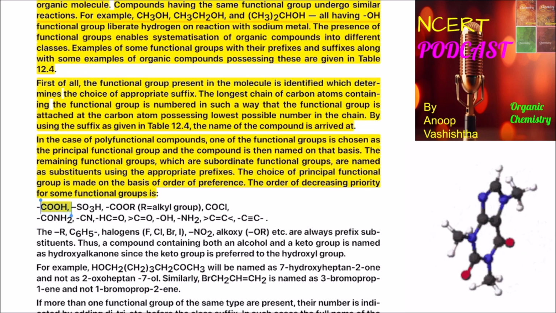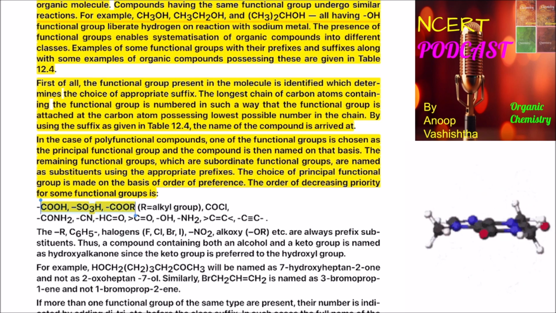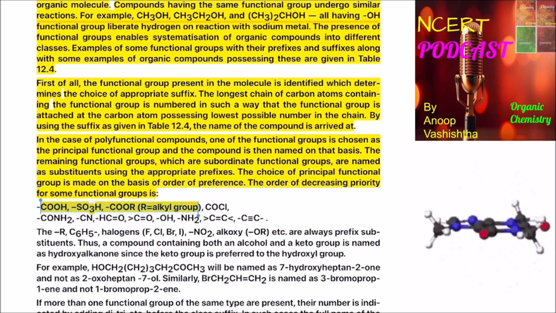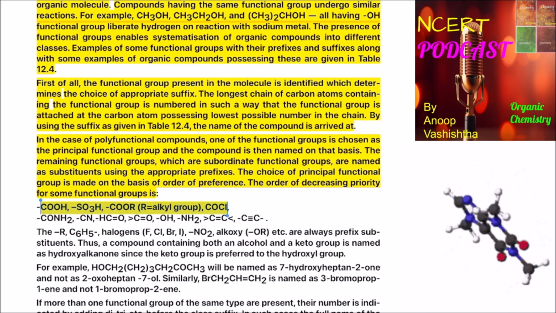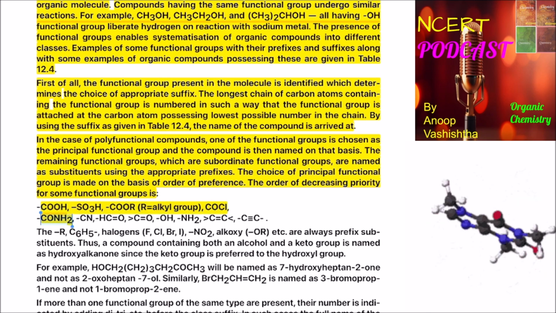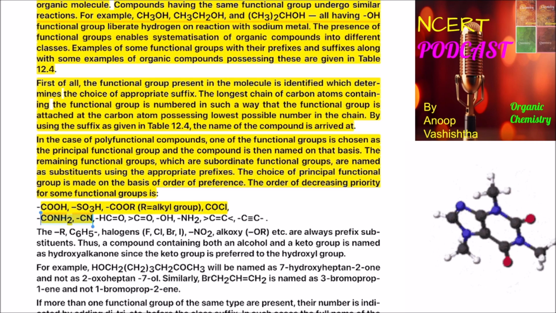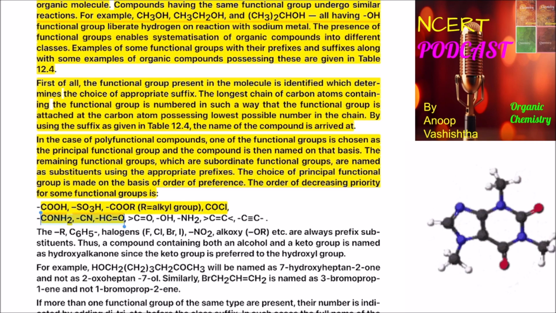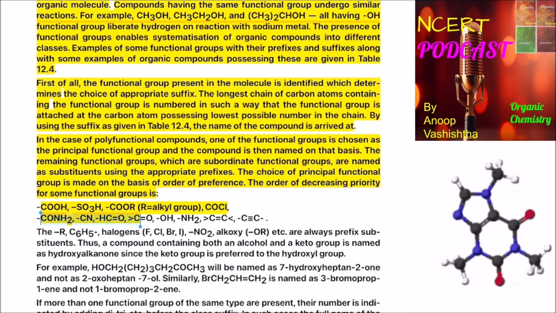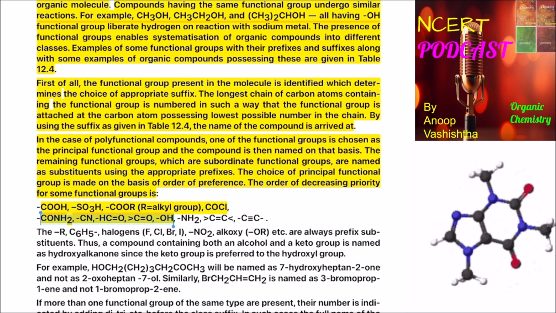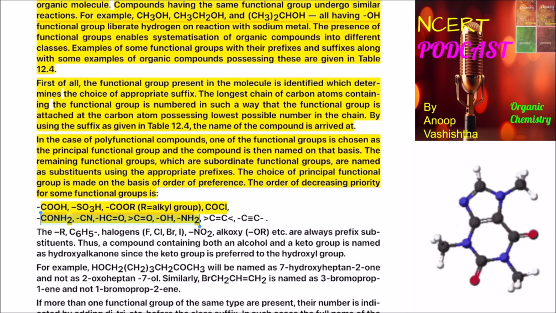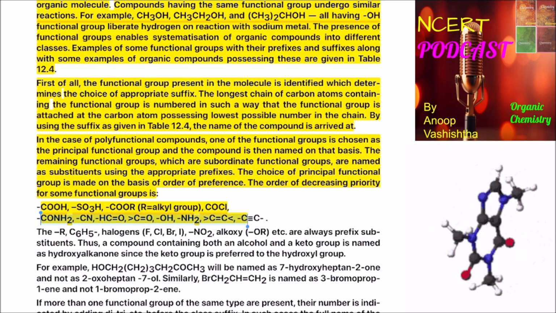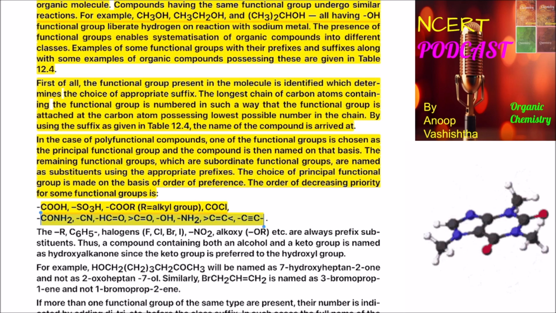COOH, carboxylic acid; SO3H, sulfonic acid; COOR, ester, R is equal to alkyl group; COCl, acid chloride; CONH2, amide; CN, cyanide or nitrile; HC=O, aldehyde; C=O, ketone; OH, alcohol; NH2, amine; C=C, alkene; C≡C, alkyne.